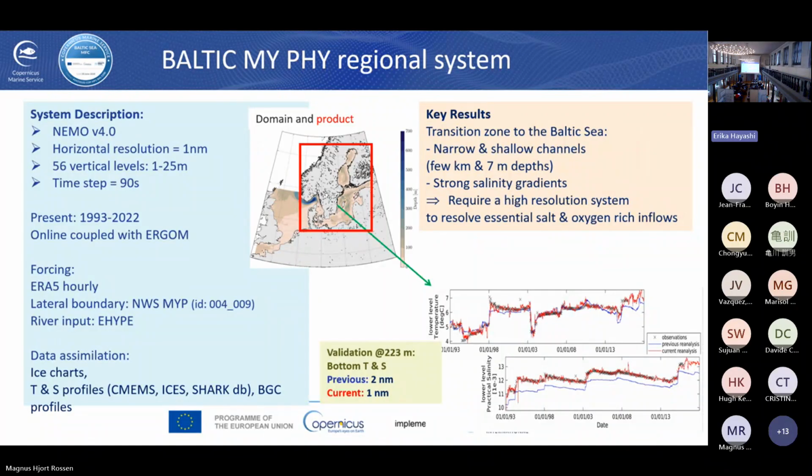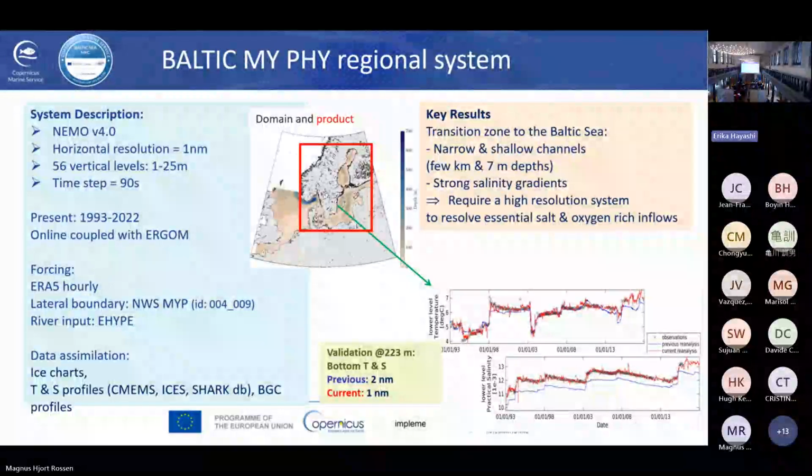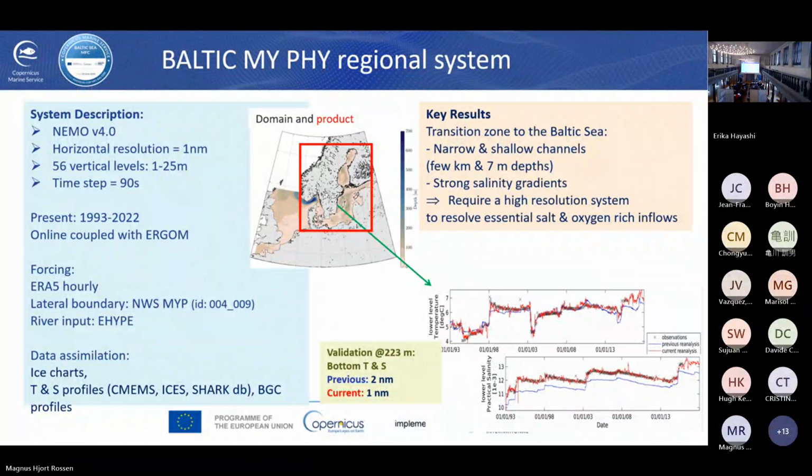For in situ, we assimilate temperature and salinity profiles coming from CMEMS catalogs, from ICES, from the SHARK database, which includes, in recent years, also Argo floats, and we also assimilate biogeochemical profiles, for example oxygen, nitrogen, phosphate, and we assimilate ice charts.